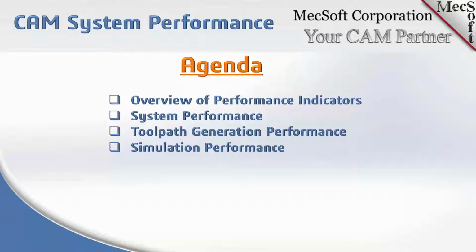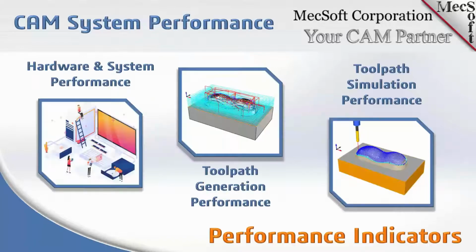What are the things you can do to increase and improve performance during toolpath generation? Finally, we'll talk about how to improve and fine-tune performance during toolpath simulation. These are the main areas we're going to be talking about.